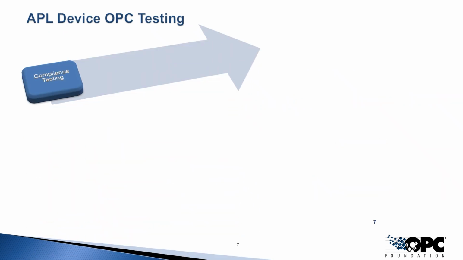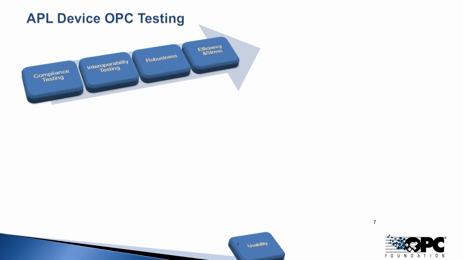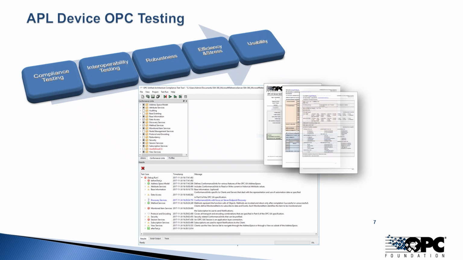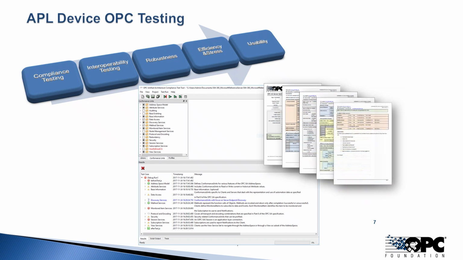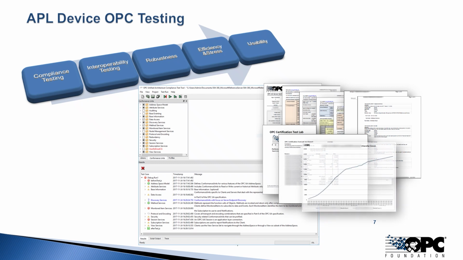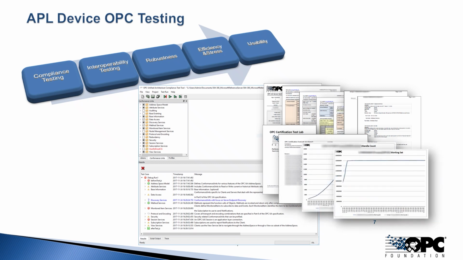So what happens once you pass the APL testing? You still have to have it OPC tested, so it still gets the normal compliance testing, interoperability testing, robustness, efficiency, and usability tests. We still use the same CTT for testing. Note, when we checked this and verified that it all works with the APL devices, we had to adjust some timings in the CTT, but those are now just configuration settings.